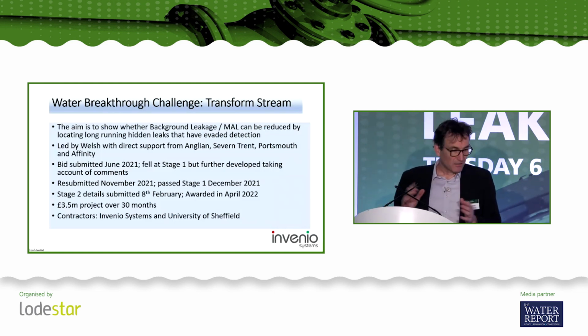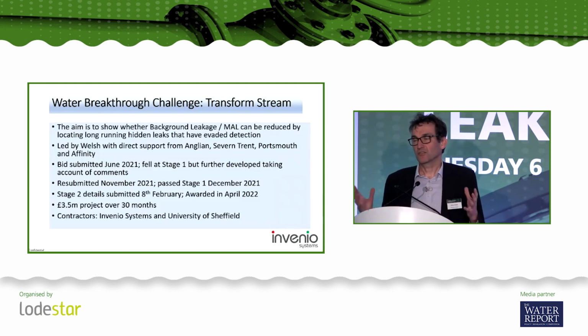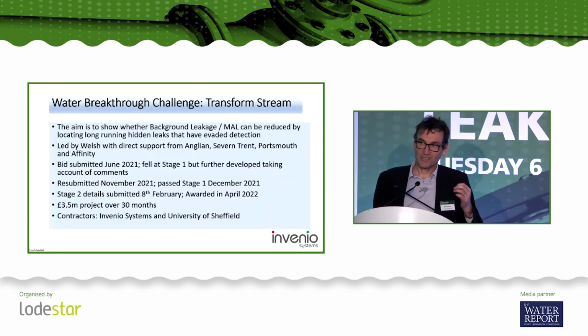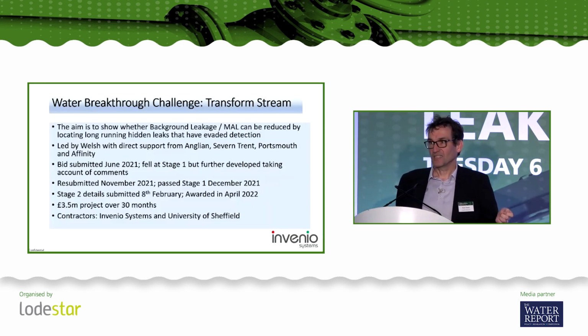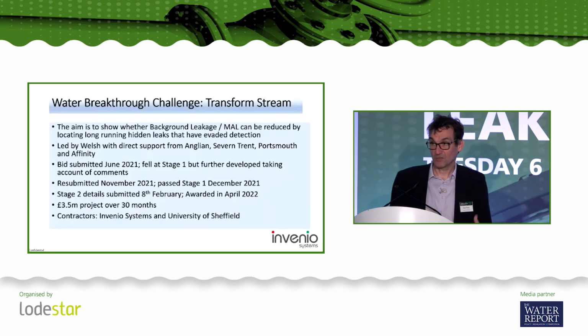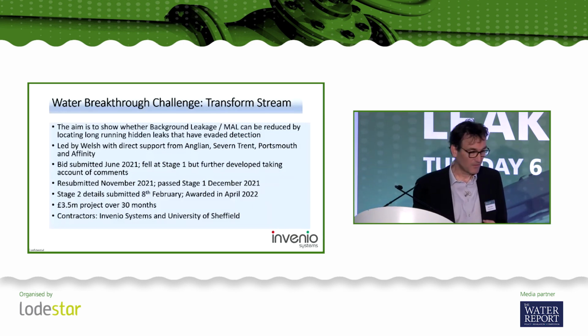It's a £3.5 million project over 2.5 years, and its aim is to show whether background leakage can be reduced by locating those long-running hidden leaks that the club project indicates probably do exist. The alternative is if this Ofwat project shows that when you look in detail in those DMAs, you can't find those long-running hidden leaks, then that gives evidence about something else being the problem.